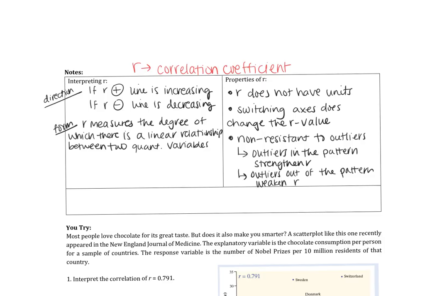So that means that R doesn't necessarily measure the degree to which two variables are related if it's not linear. It only measures the linear relationship.